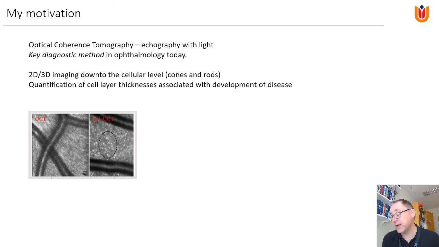And not only visualized, it is also possible to tag them and follow them over a period of time. That means that quantification of these rods and cones and cell layers can be followed and associated with the development of retinal disease.